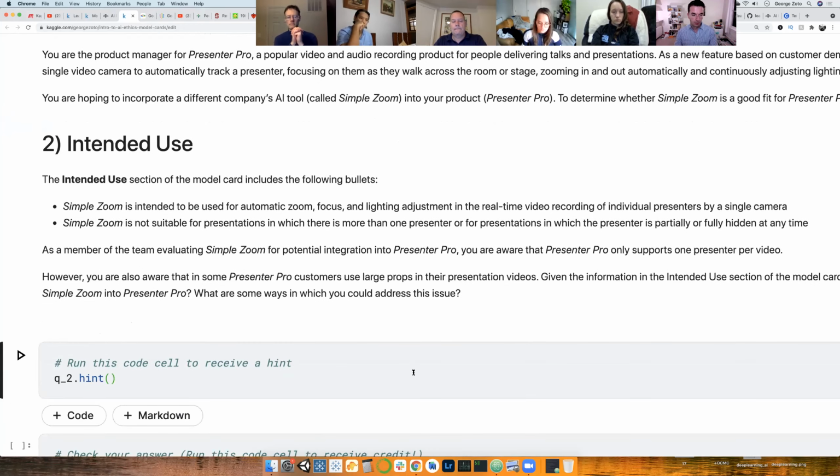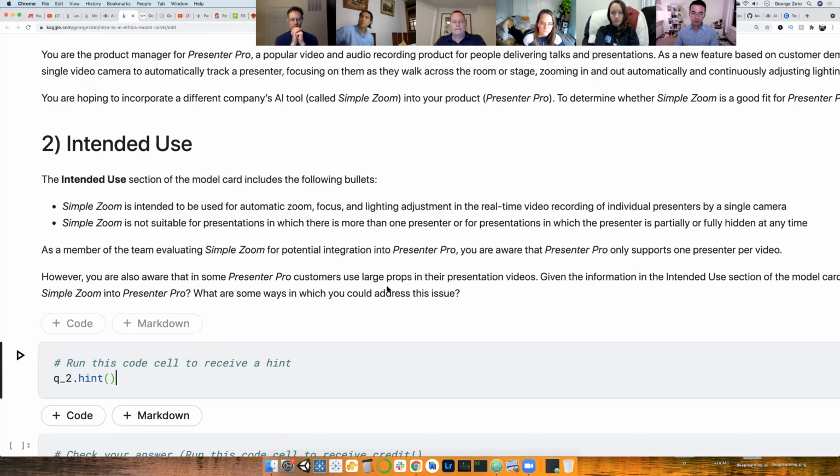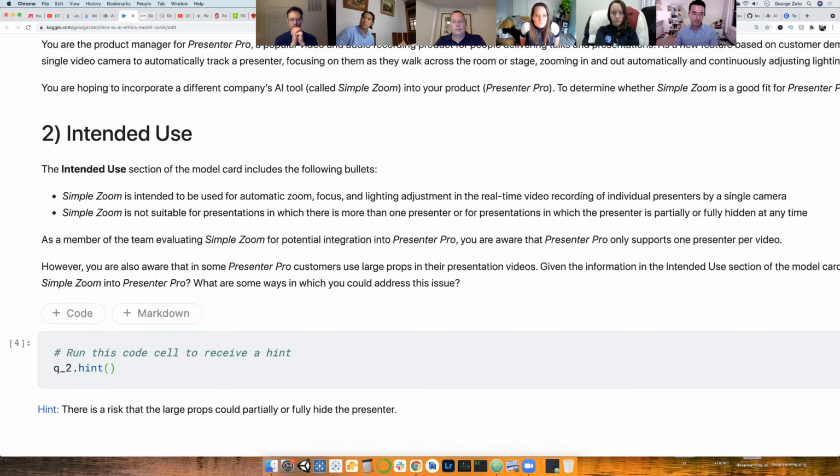And you have noticed that in your audience, people also use large props, maybe something in the background or something around them. How can you use this model card from Simple Zoom to make a decision that you want to inform your users?